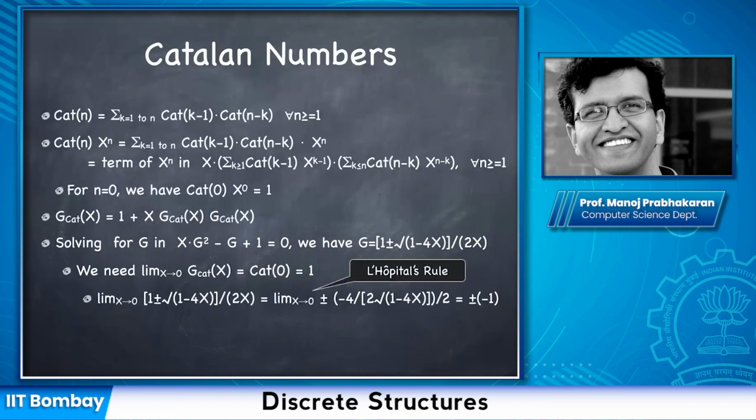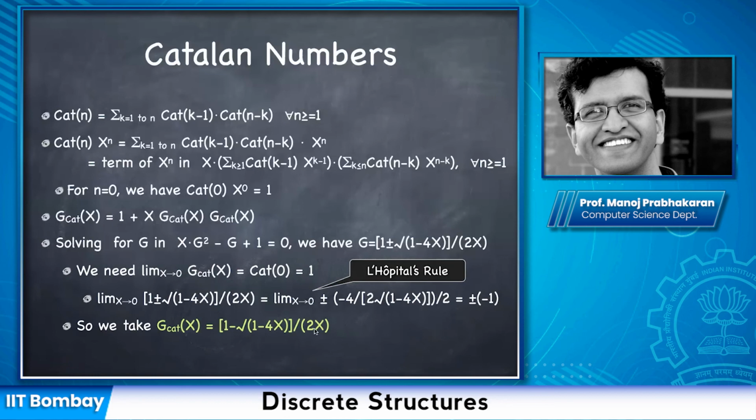So you want this expression to be 1 when x goes to 0. Let's figure out what that limit is. You'll need to apply a rule from calculus to compute this limit. You could use L'Hopital's rule, taking the derivative with respect to x in the numerator and denominator, and depending on the sign, plus or minus, you would get minus or plus 1. Since we are interested in the limit being plus 1, you would want to take the sign to be minus. So we will take this solution, 1 minus the square root of 1 minus 4x, divided by 2x.